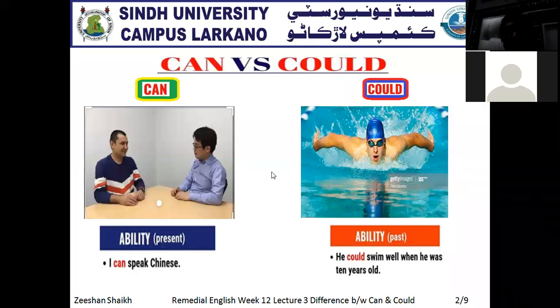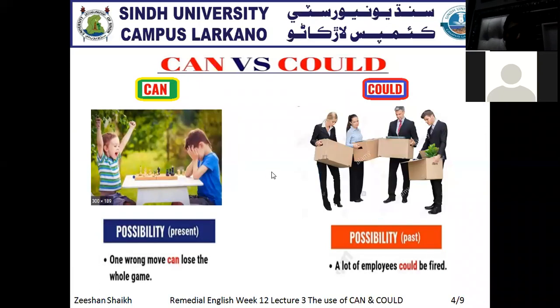Clear? And the second one is that we use can with a possibility in the present time. Now, if you see the example, one wrong move can lose the whole game. Means when a person takes the wrong turn, wrong move, definitely he or she loses each and everything in his or her life.